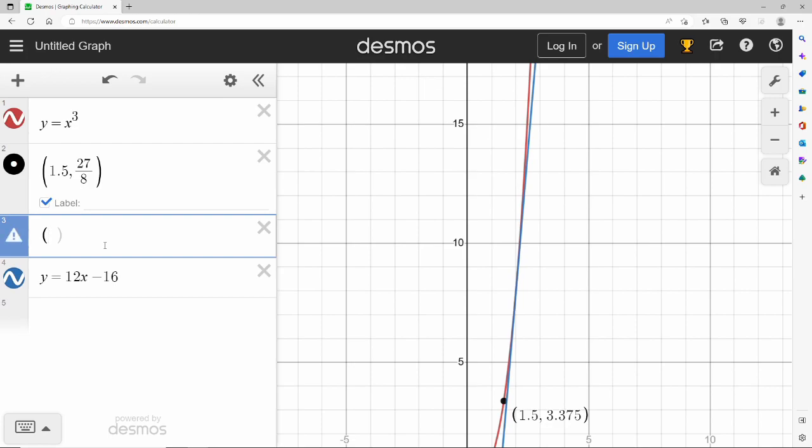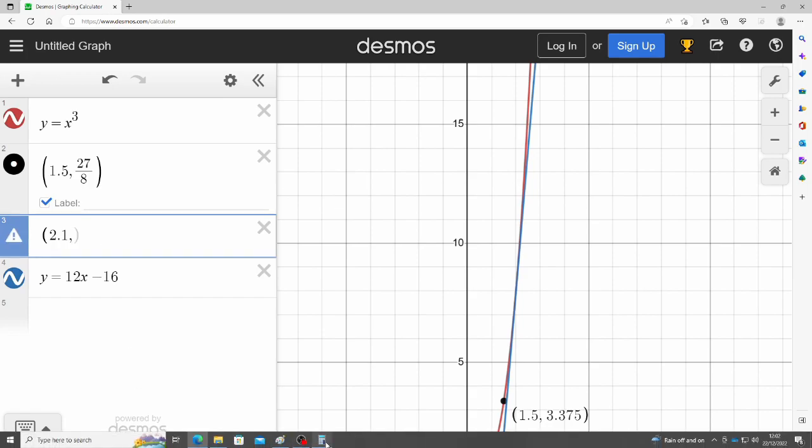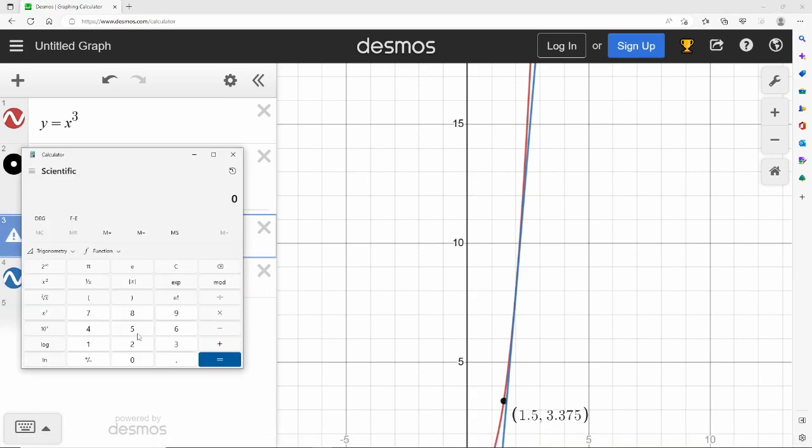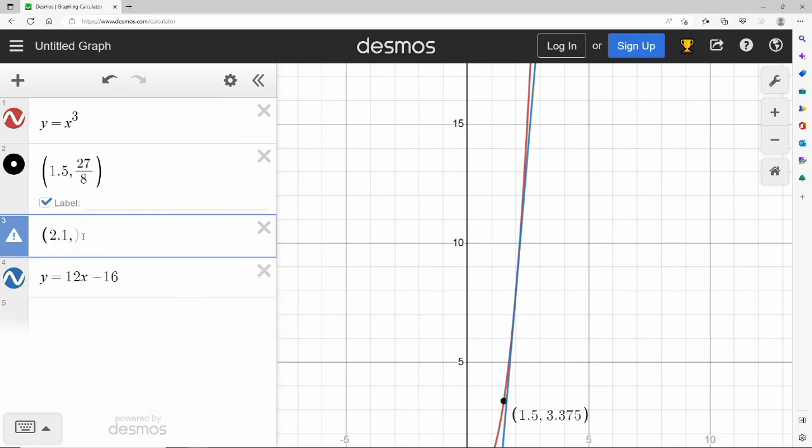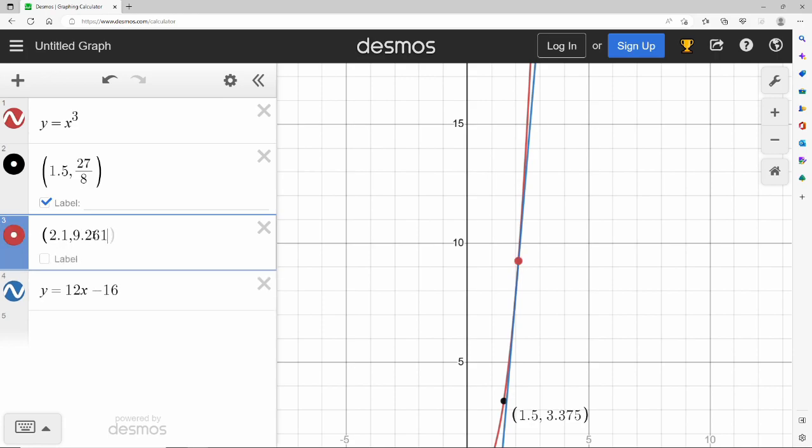So we've got a point 2.1 comma 2.1 cubed. There we go.